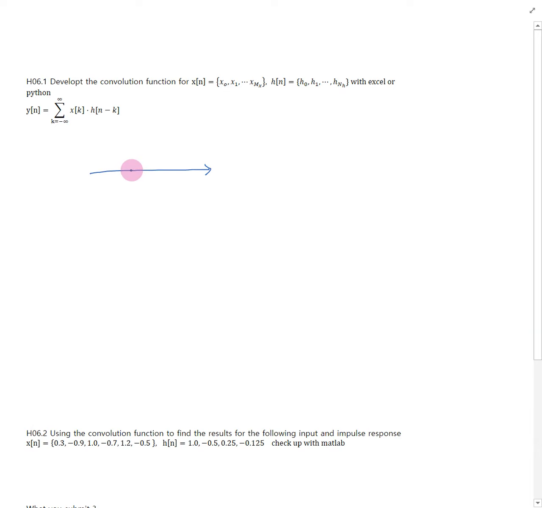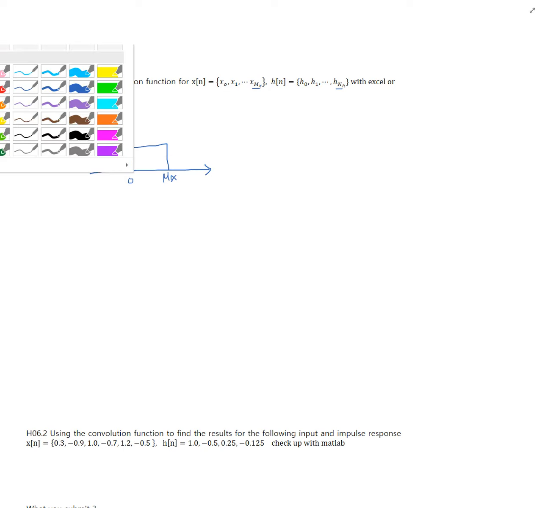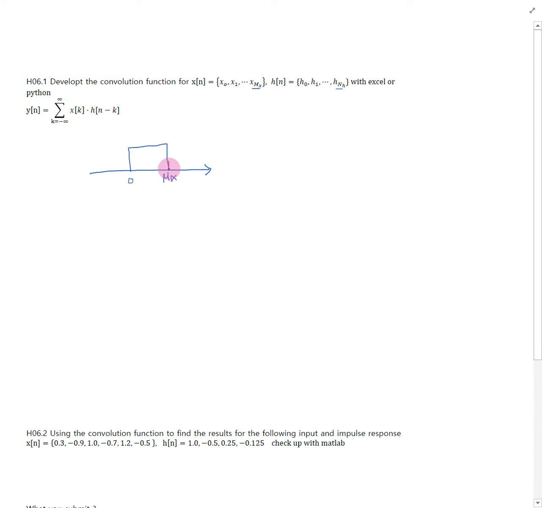This is the input sequence indexing from 0 to mx. Then the maximum index of the convolved output will be given by the sum of this index and this index. It means that if the final impulse response index is nh and the input reaches mx, the output will reach nh plus mx.